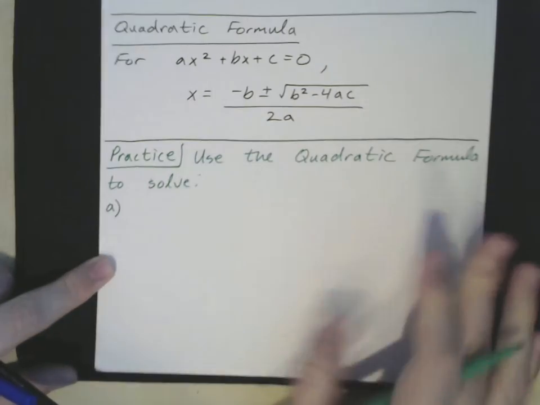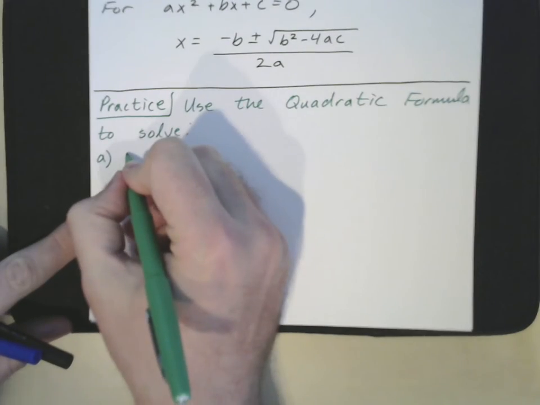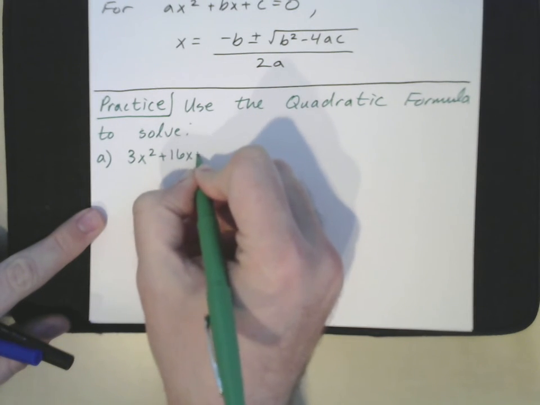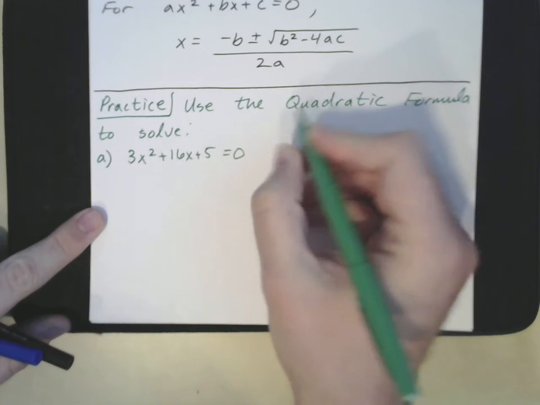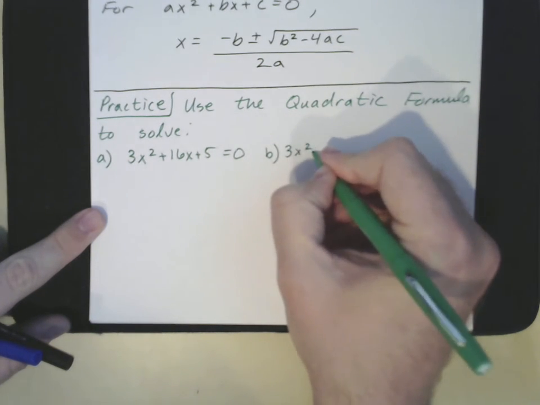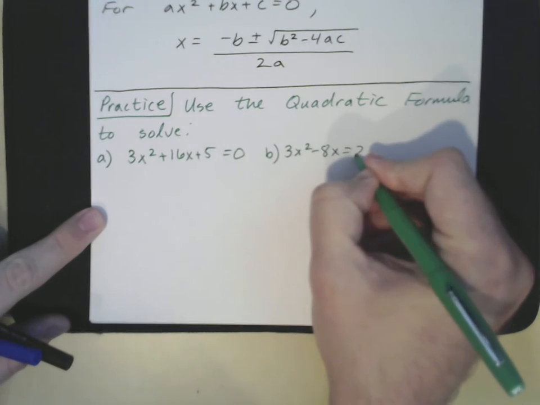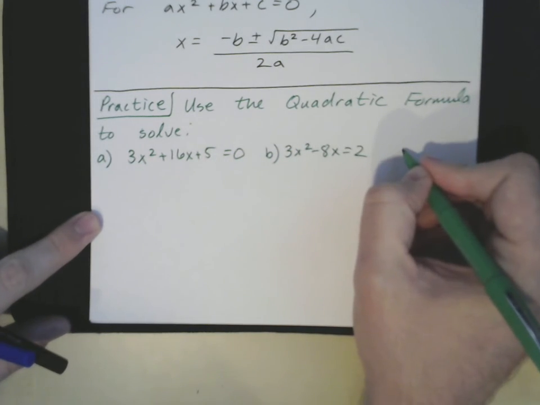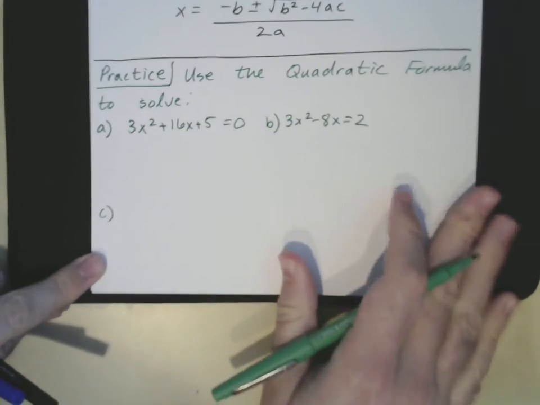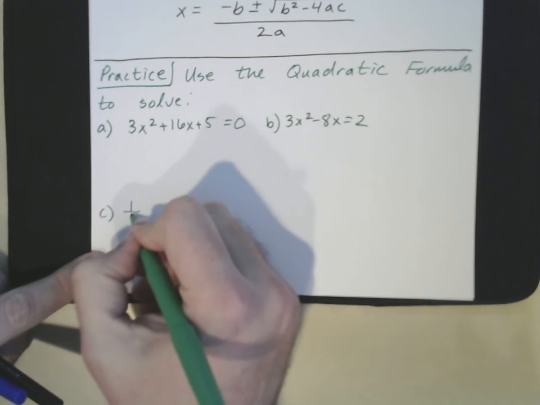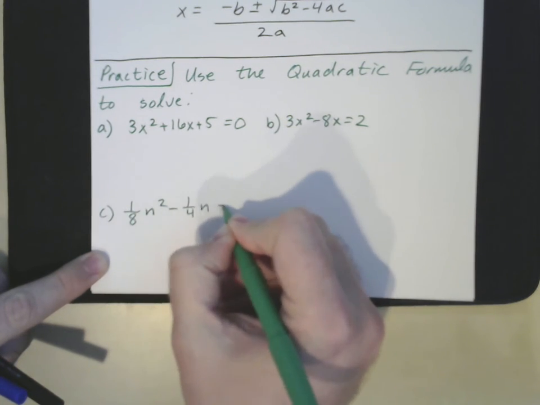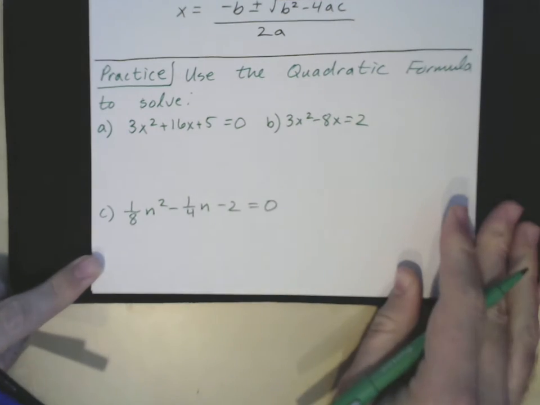I'll give you 3 problems here. 3x squared plus 16x plus 5 equals 0. 3x squared minus 8x equals 2. And I'm writing a little too big, so I'll put the last one down here: 1/8 n squared minus 1/4 n minus 2 equals 0.